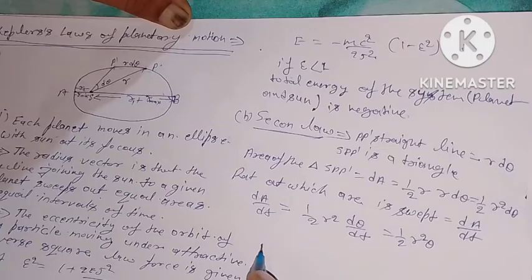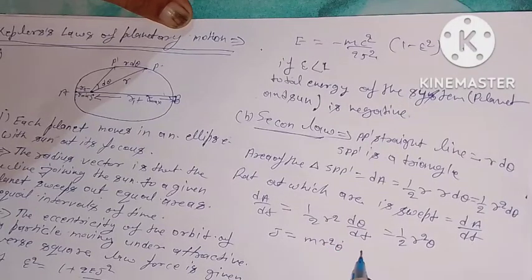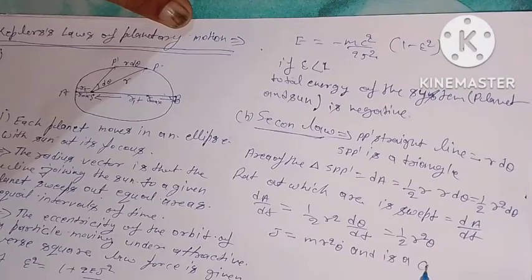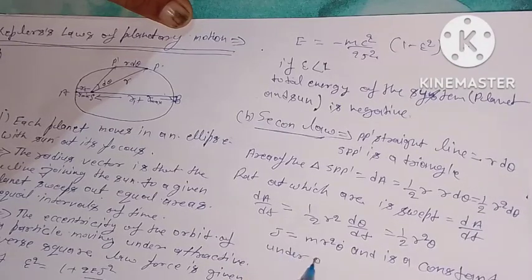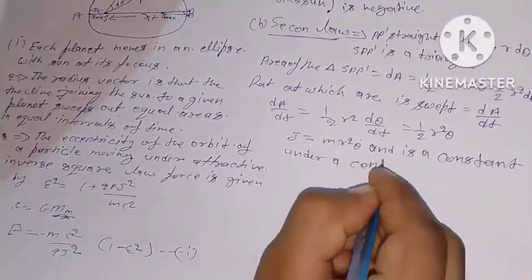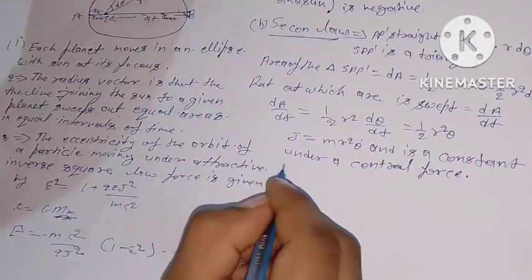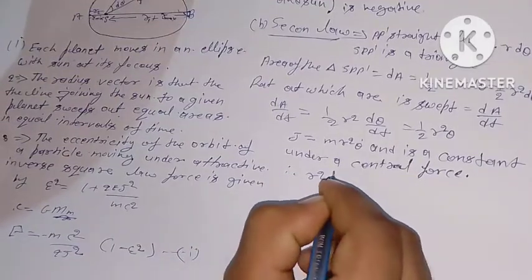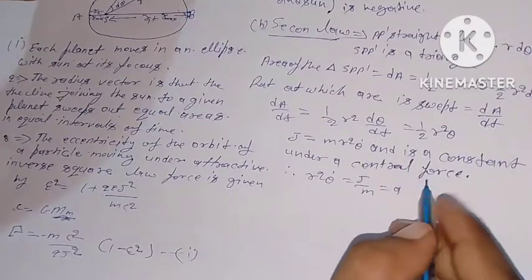The angular momentum J equal to mr square d theta by dt is a constant under a central force. So r square d theta by dt equal to J upon m equal to a constant under gravitational force.